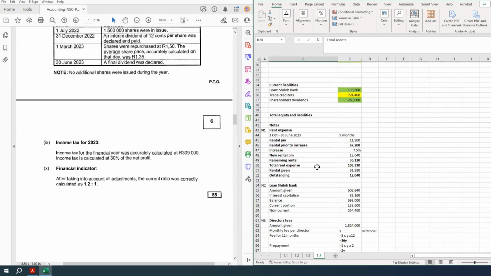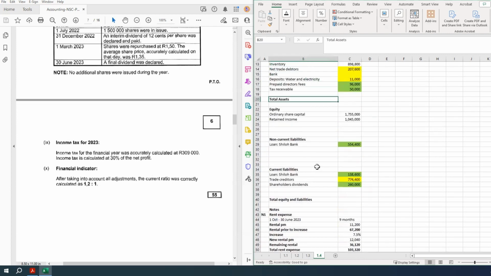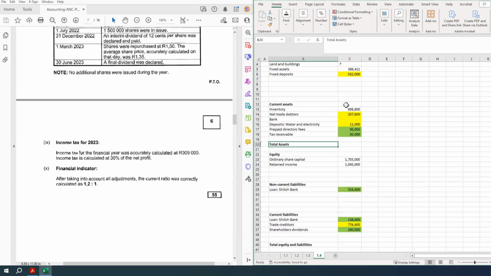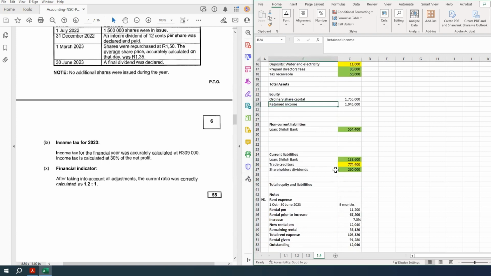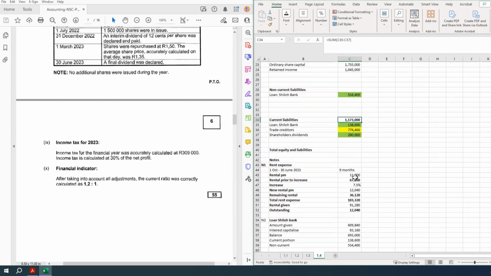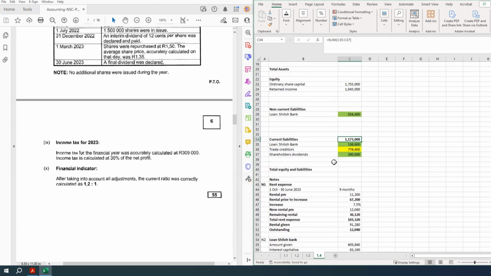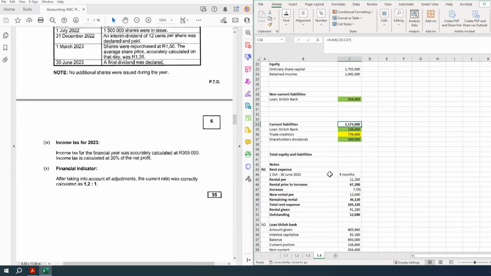Okay, so then I can actually work out what should my total current assets be because I have the ratio. So if I'm assuming that my total current liabilities are complete, which is there, so that's my total current liabilities, then I can work out what my total current assets should be.